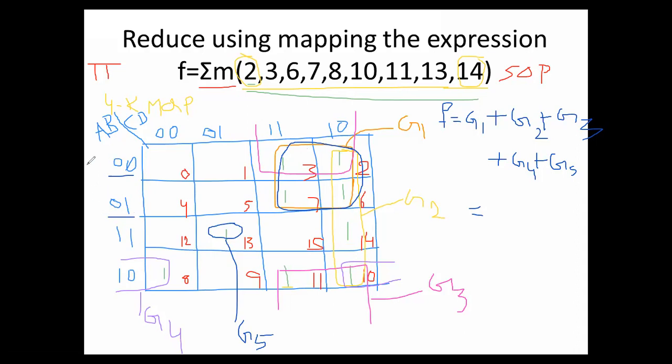Out of these two combinations, which is common? 0,0 and 0,1: the first 0 is common. The first 0 belongs to which variable? The A variable. A equal to 0 means the representation is A bar, dot.